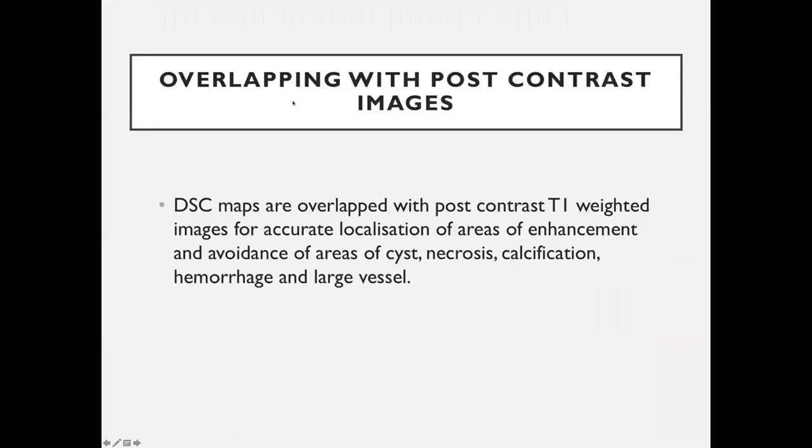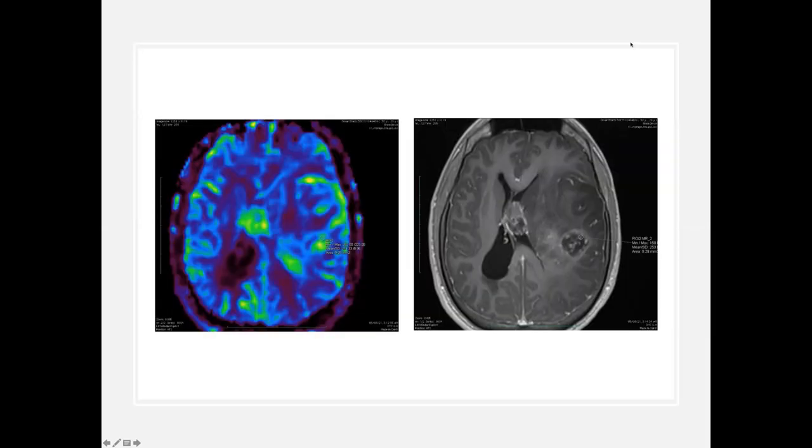We overlap these maps with T1 weighted images of similar thickness. DSC maps are overlapped with post-contrast T1 weighted images for accurate localization of first the disease process, then areas of enhancement in it, so that we can avoid cyst, necrosis, calcification, hemorrhage, and any large vessel coursing through it. So that's how I do it.